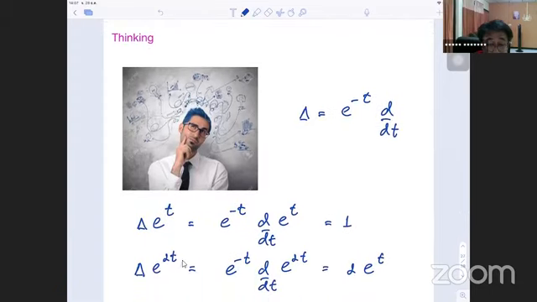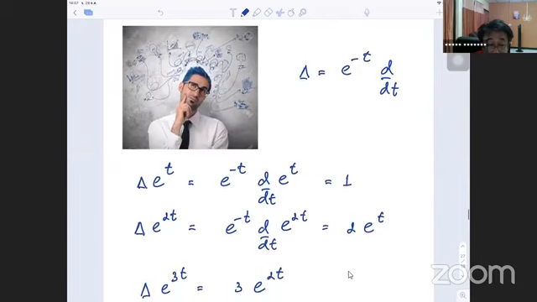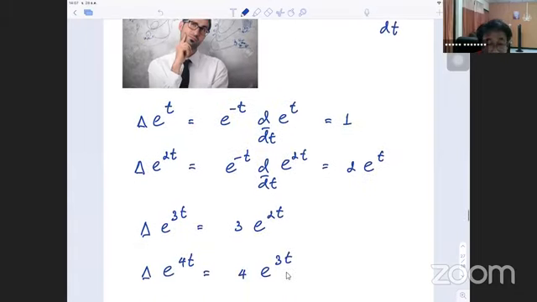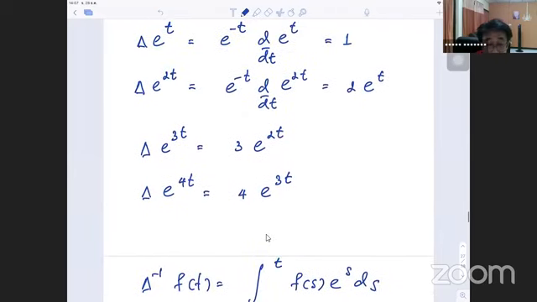Delta e square equal to 2 et. Delta e 3 times t equal to 3 e 2t, and like this.